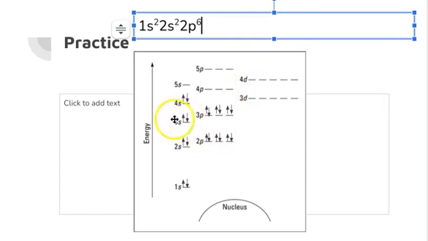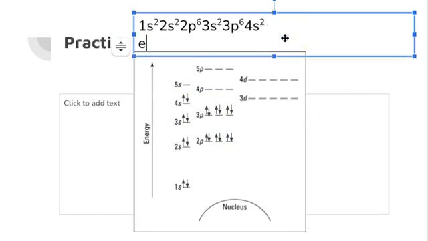I move up to 3s with 2 electrons. Then I go to 3p with 6, 2, 4, 6. Then I go up to 4s, which is my last thing I had to fill in, and there are a total of 2 electrons. Okay, this is what we call an electron configuration.